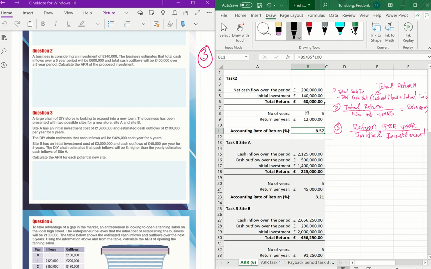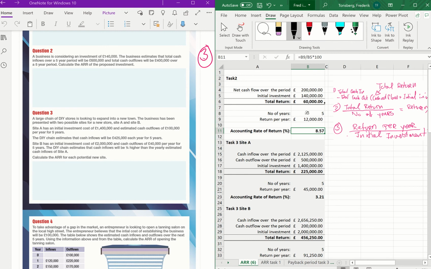If this particular project has a higher return than the return on capital employed in the business in general, this suggests it would be a good idea to invest in this project, because it's the kind of project that will have a positive influence on the return that the business generates overall.